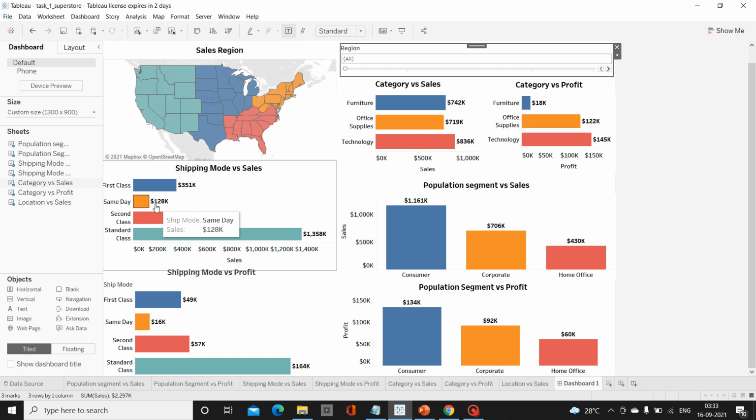But here we can see that the company is facing a very low amount of sales in the case of same day delivery, and also a very low amount of profit from it.